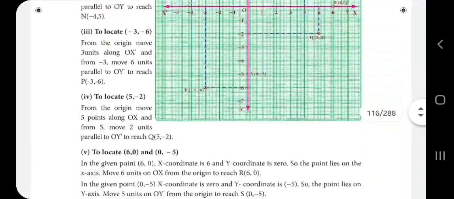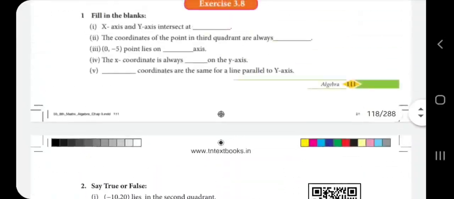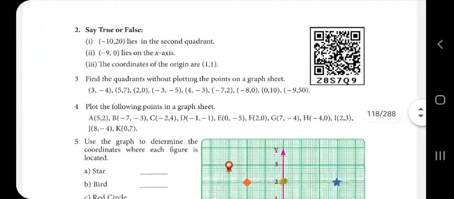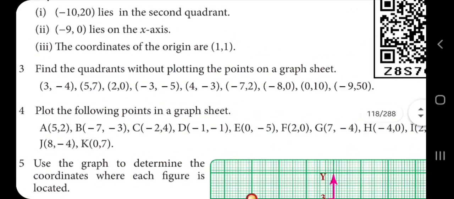Now we will see the sum. You can answer easily, this is a very easy exercise. Find the quadrant. First is positive, then the second one is negative. Positive and negative comes in which quadrant? Correct, the fourth quadrant. Both positive will come in the first quadrant.